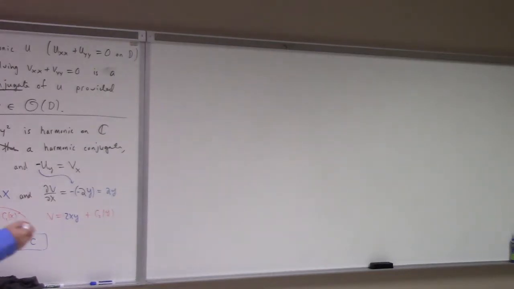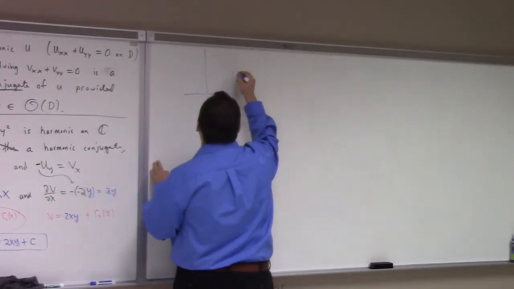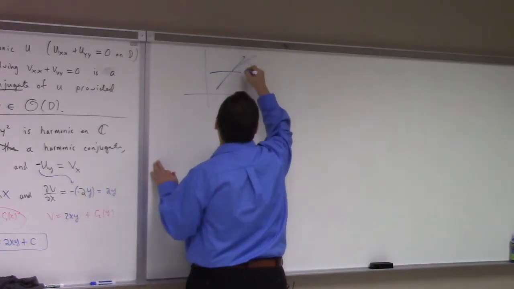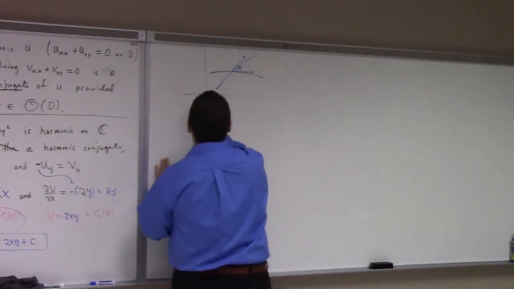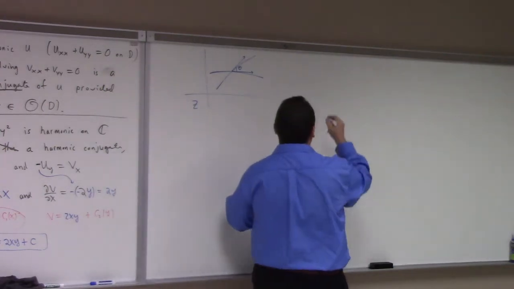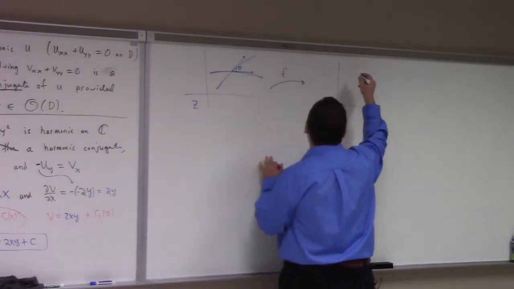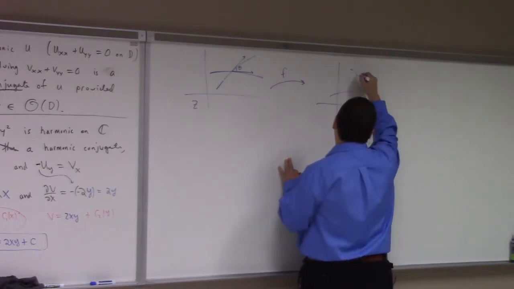So here it is. If I have two curves, like so, and they meet, their tangent vectors meet at some angle theta, and suppose this is in the z-plane, then to say F is a conformal mapping means that over here, we have the corresponding image curves.